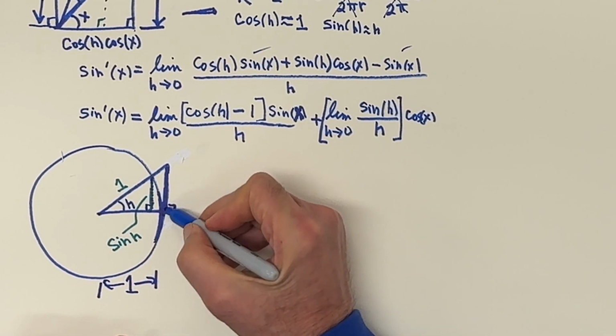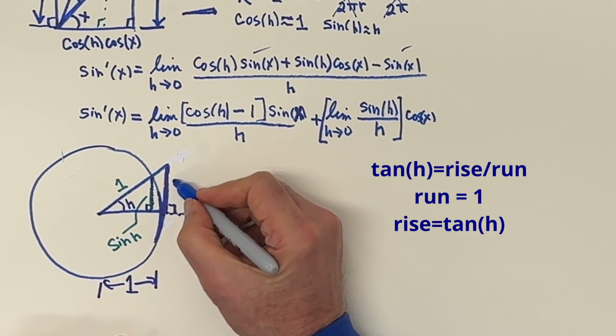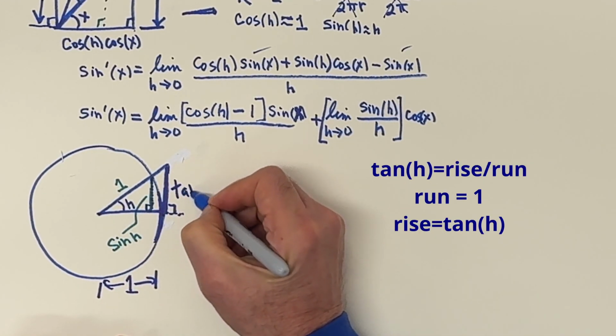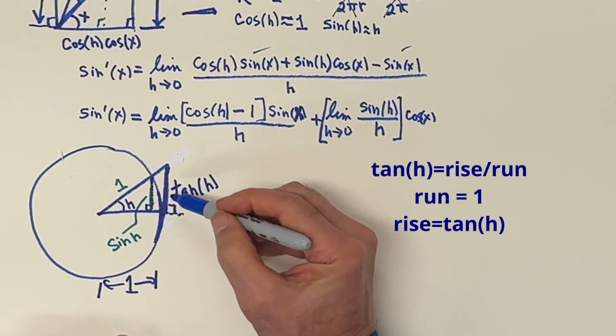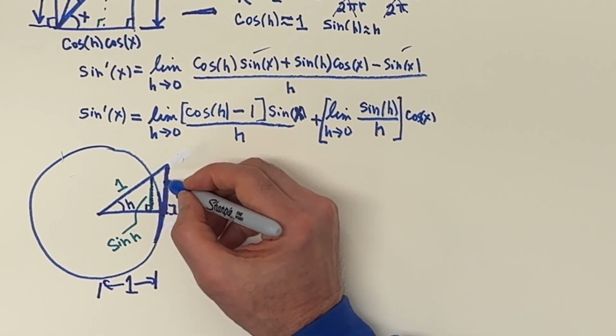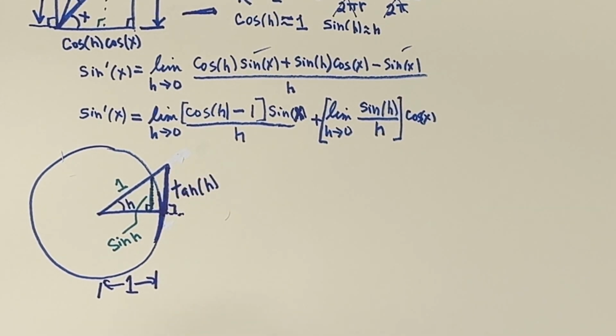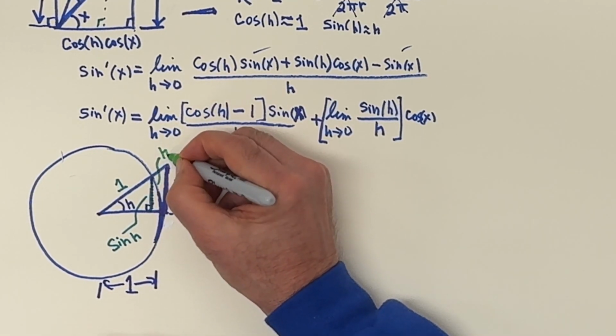But if you take the rise over the run, that's your tangent of h. So this is the tangent of h. This is the sine of h. And we know that the arc in here is equal to h.